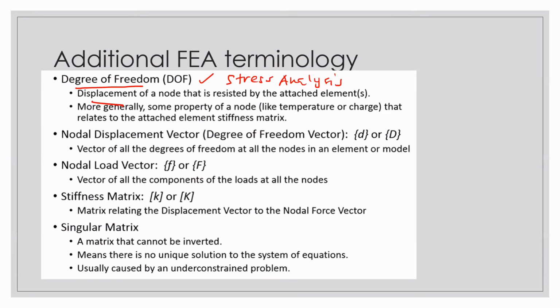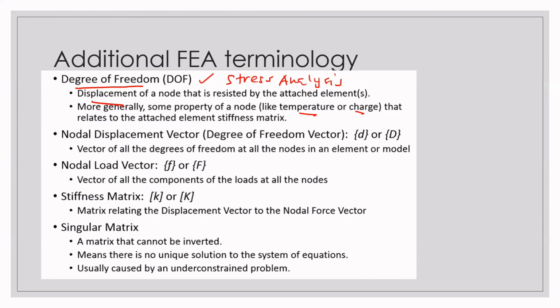But more generally, you can think of a degree of freedom, or DOF, as some property of a node, like the temperature or electrical charge, that we can relate to the attached element stiffness matrix.